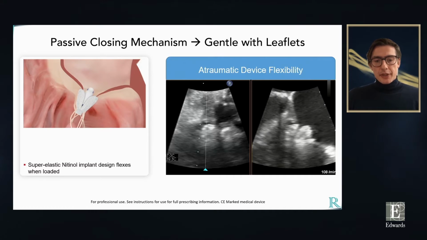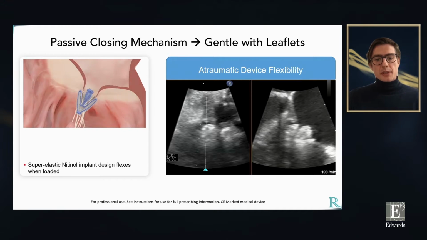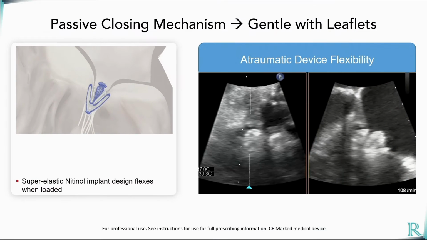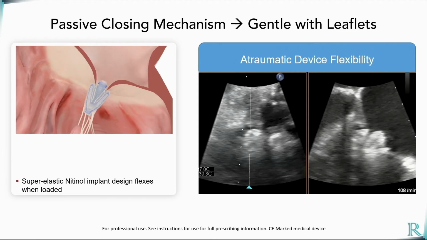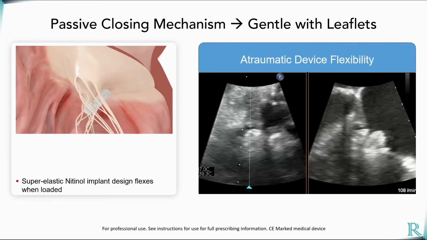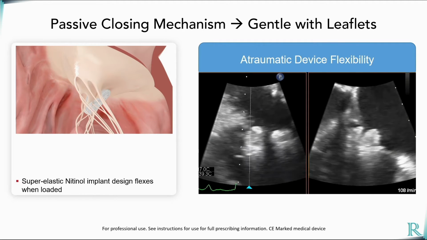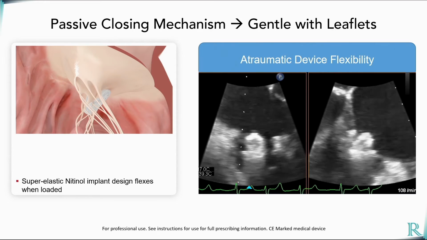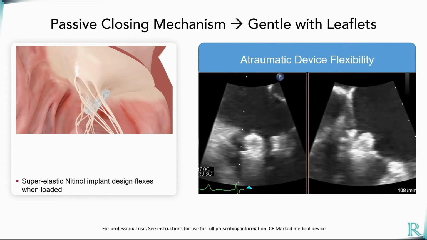Now, the other aspect, which is particularly important for the tricuspid valve, is the fact that we have a passive closing mechanism and a device which can open and close throughout the cardiac cycle. This video is supposed to run, but it doesn't run right now. But you can see on the video on the left-hand side that it opens up during diastole, during filling, which allows you a larger opening area, but it closes in systole, where it is important for the valve to be competent.